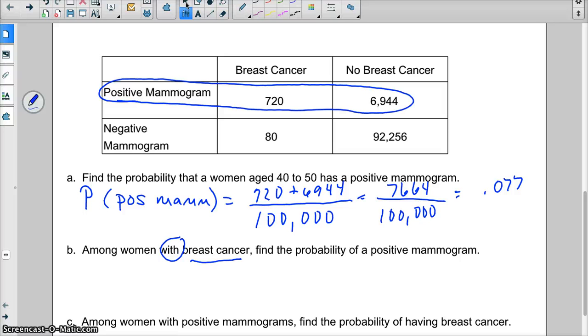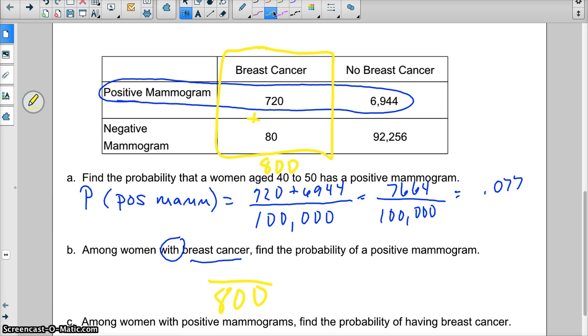This one, our total is just going to be the women with breast cancer. That's exactly right. So we'll look in the middle column. How many women total had breast cancer? 720 plus 80, so 800. Will 800 be our numerator or denominator? Denominator. Good.